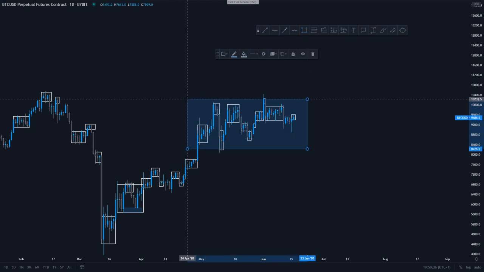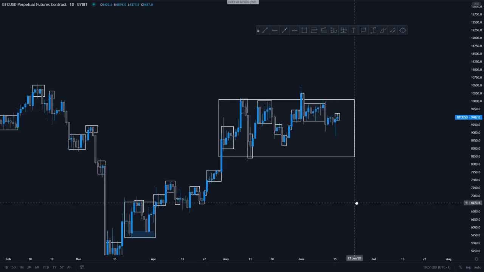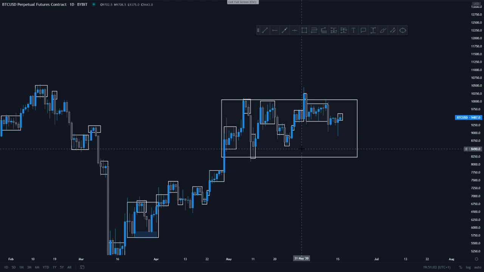One high, then a low, and then another high, then a low, another high. And now we already had 1, 2, 3 highs, and 2 lows. And the third low is a bit higher than these two. But we have the pattern on the daily forming right now.